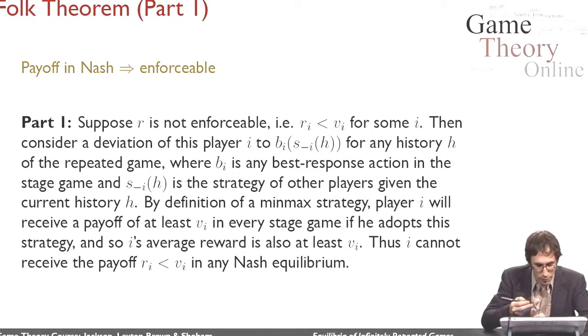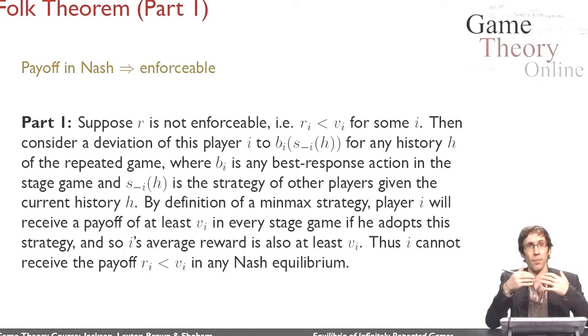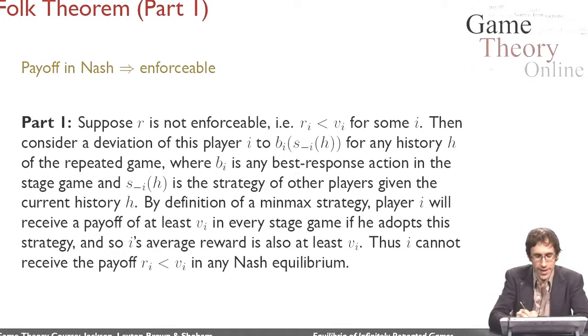And because that would improve my utility, that's a better response for me than what I was doing before. And so basically here we've just constructed a profitable deviation for player i. And because a profitable deviation exists for him, that means the strategy he was playing before couldn't possibly have been a Nash equilibrium.